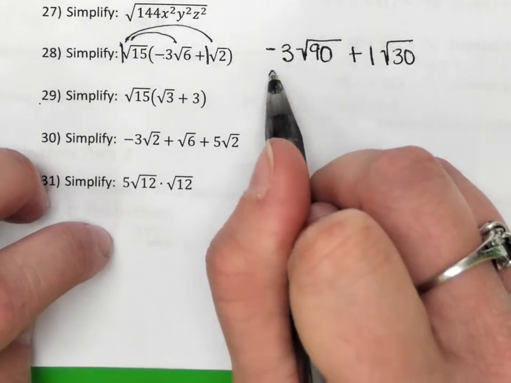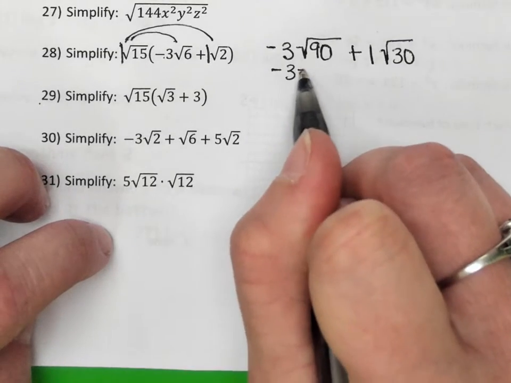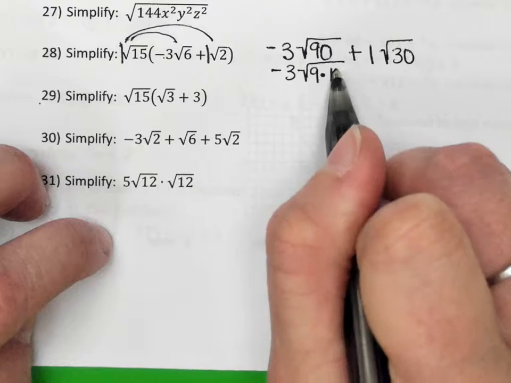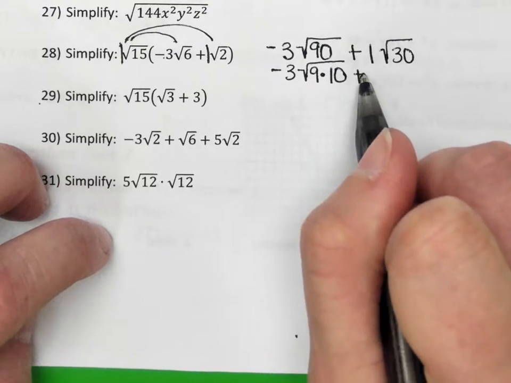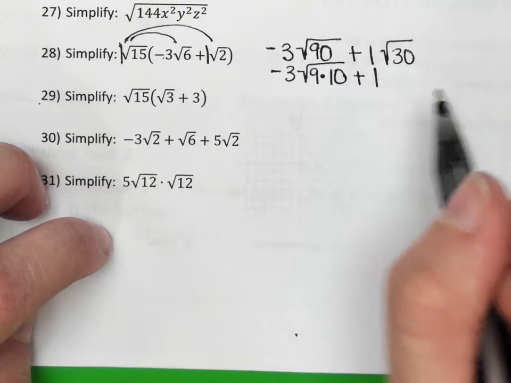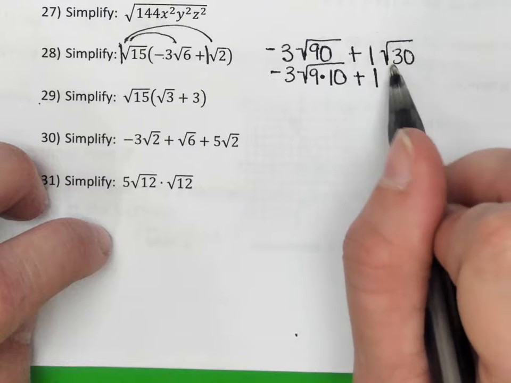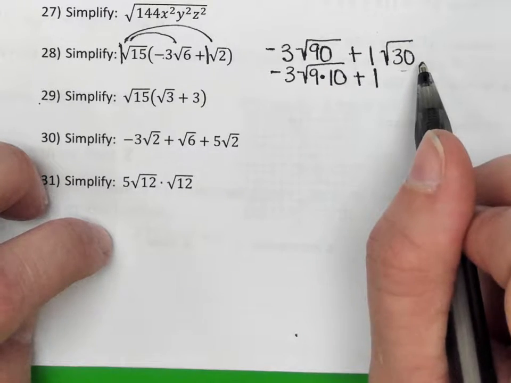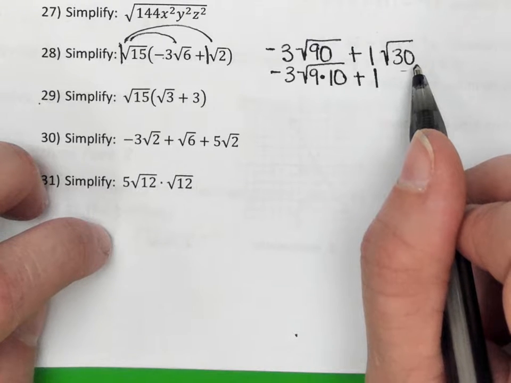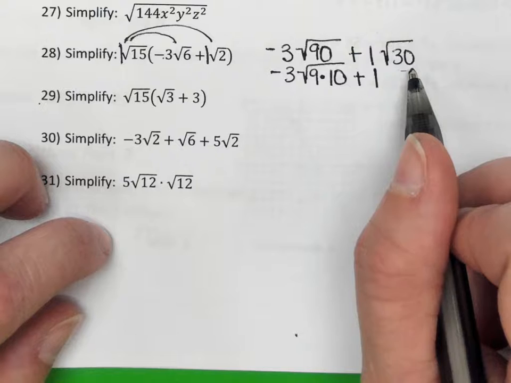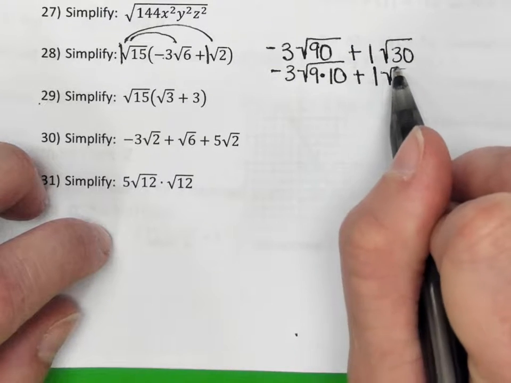What is it? 9 times 10. All right, is there a perfect square that goes into 30? 15 is not a perfect square. There's not a perfect square that goes into 30. Well, 1 does, right?